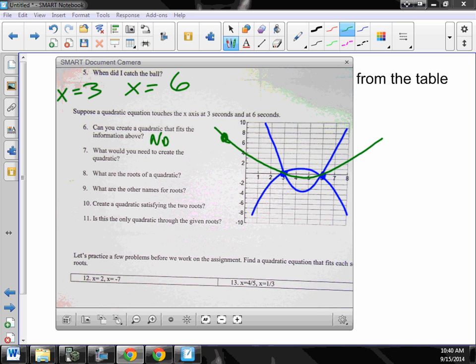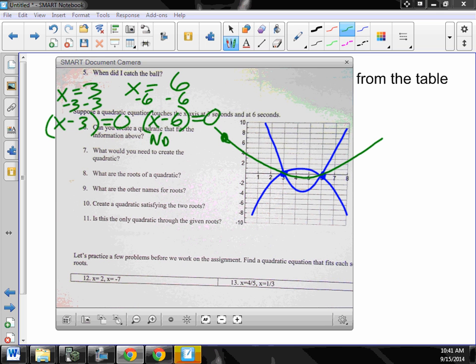So those are the 2 roots. If we want to create a quadratic, we have to set both of those equal to 0. So I'm going to subtract 3 and subtract 3, and I get x minus 3 equals 0. Subtract 6 and subtract 6, so x minus 6 equals 0.